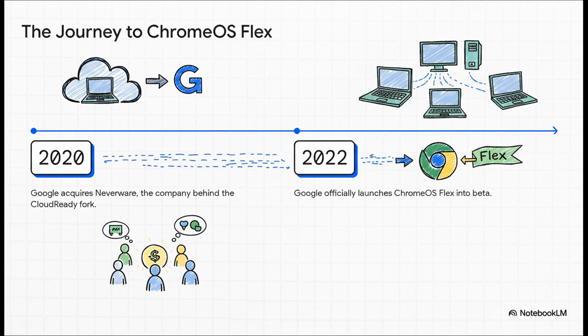In 2020, Google went ahead and acquired Neverware, the company behind CloudReady. Then, just 2 years later, they launched ChromeOS Flex. And what is that? It's an official Google product that does exactly what the community had been doing for a decade, letting anyone install a version of ChromeOS on old PCs and Macs. The community's vision had become official Google strategy.